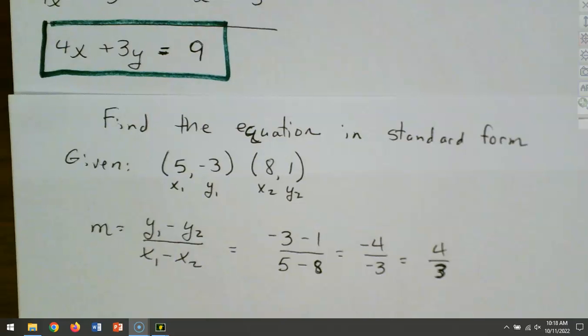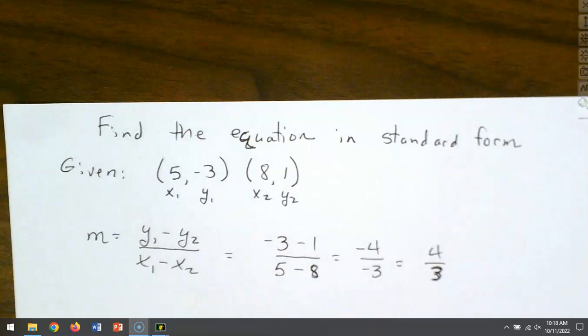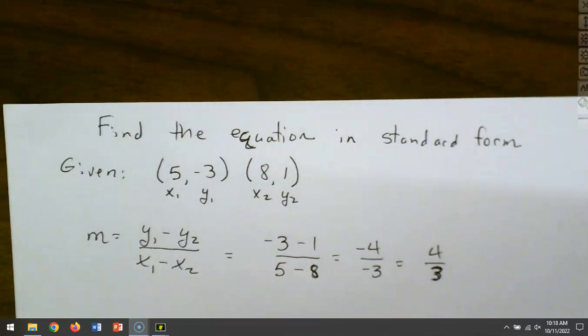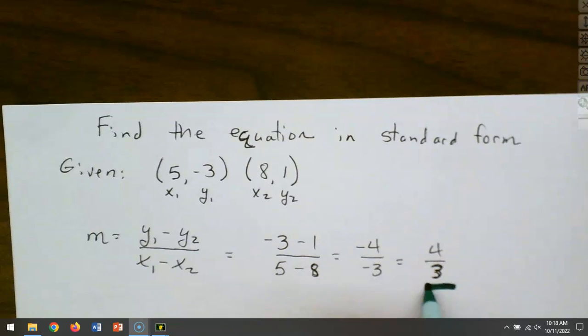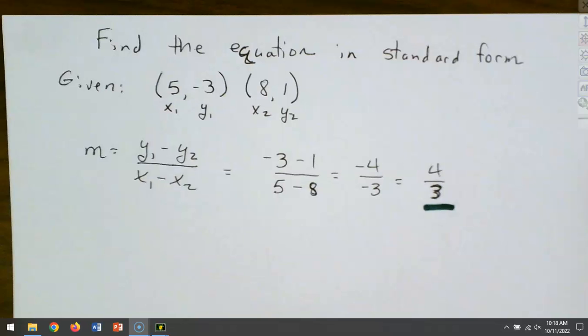Now, what's the next step? Follow the flow chart. What does it say to do next? It says use the point slope formula. So here's our slope. We found that, and we also have our points. Now you can use either point, it doesn't matter.